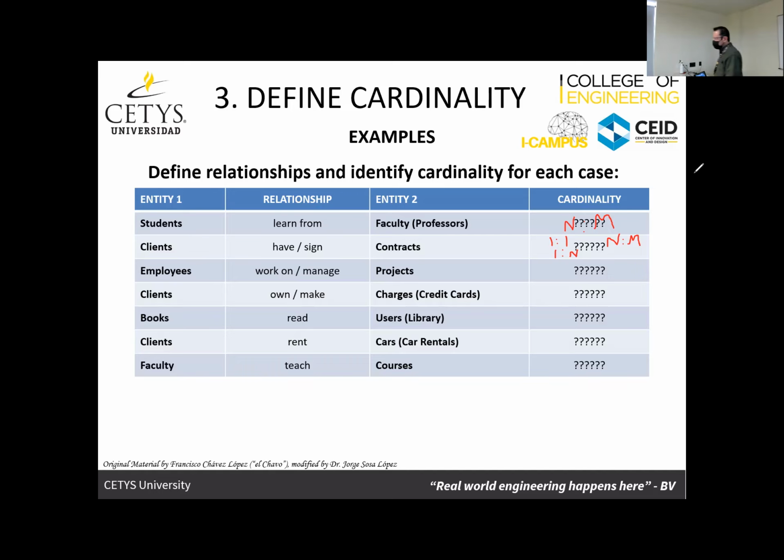And so now let's see two entities: employees and projects. And there are two possible relationships there: employees work on projects, or employees manage projects. How could that be?